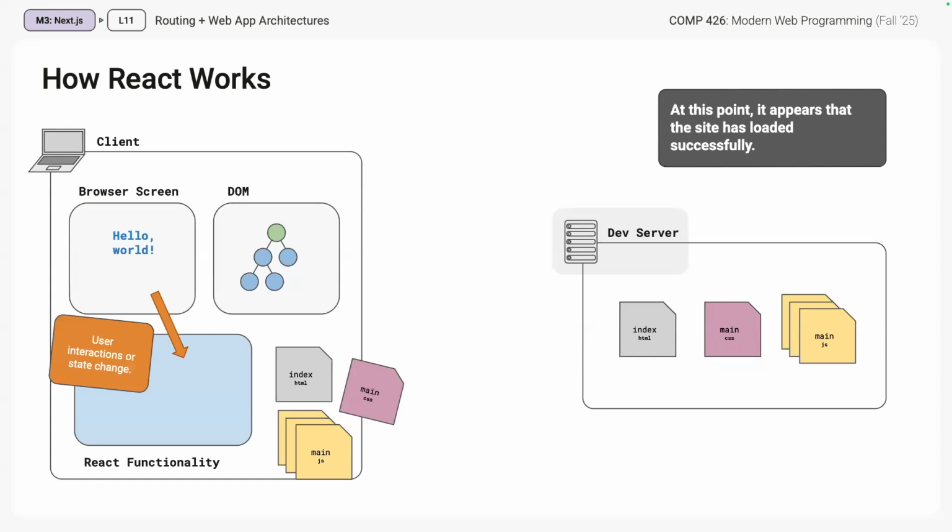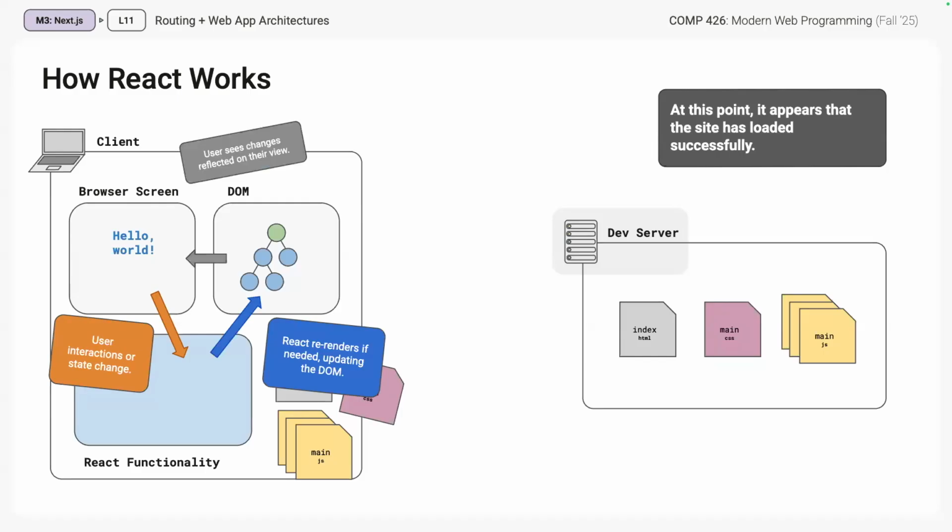We have that here as an arrow. So you can see we have a user interaction, a state change. React notices that that happens, and then React will automatically update and re-render components when that state changes. And that will update what the user sees.